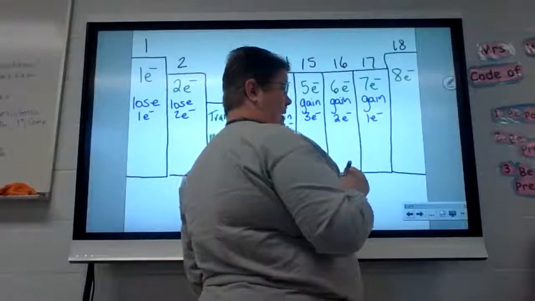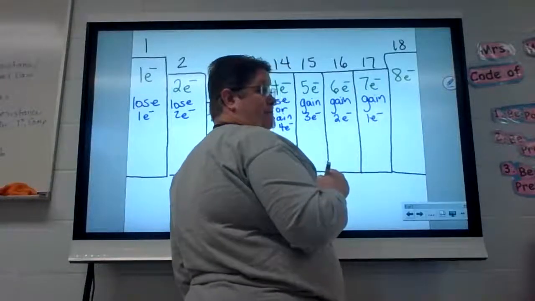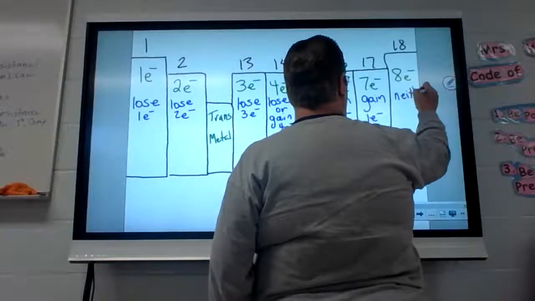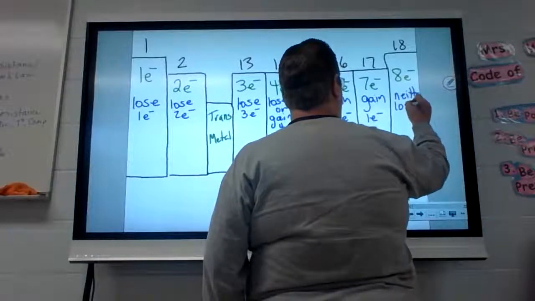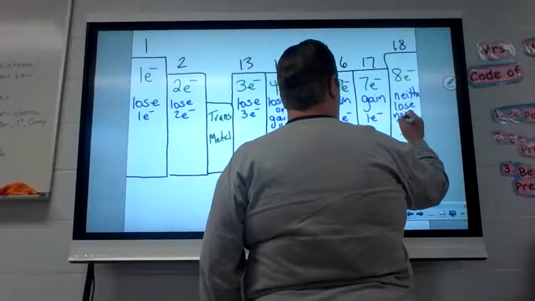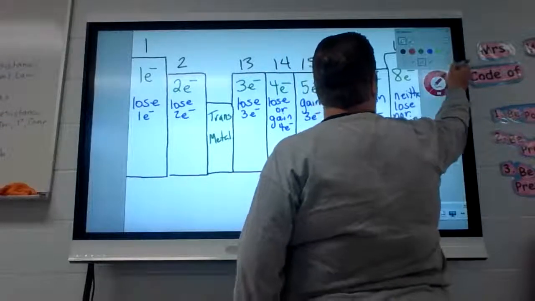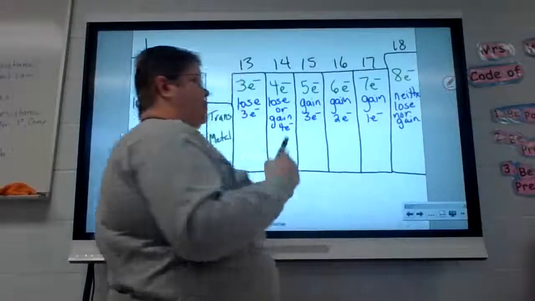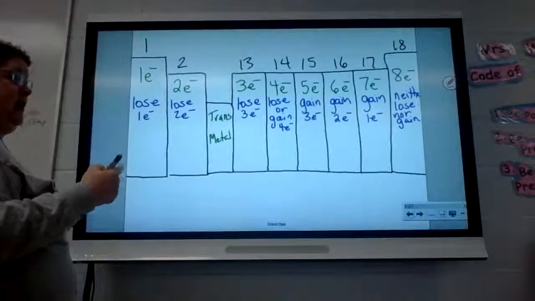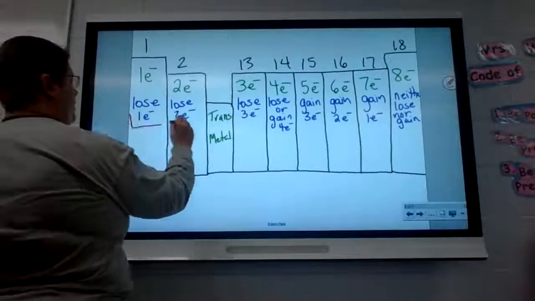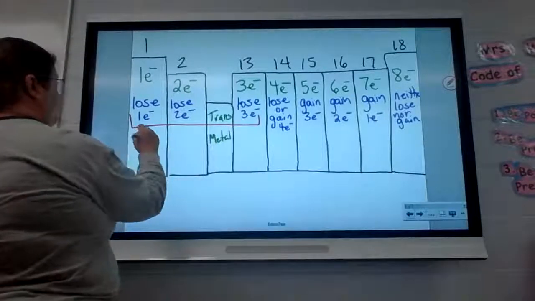And in group 18, what happened there when you already have 8? All right, so it would neither lose nor gain. So, one of the things that's interesting about this that I'm going to talk about as we get into bonding is, what do the metals do?